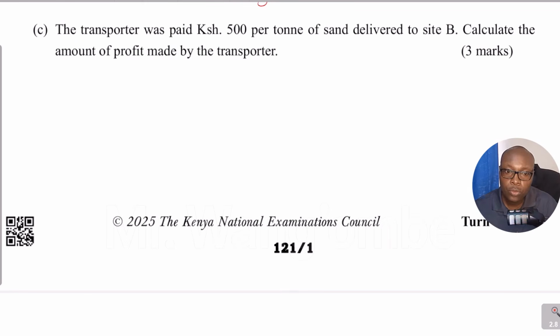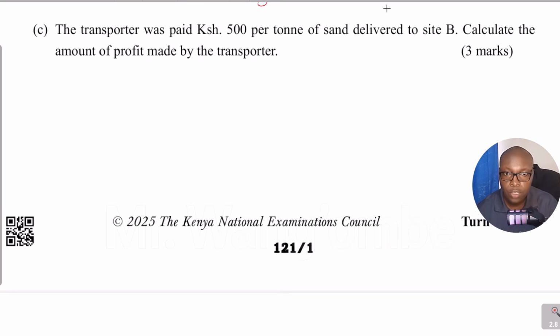Now we go to the next part. Now the next part is supposed to answer this question. The transporter was paid 500 shillings per ton of sand delivered to site B. Calculate the amount of profit made by the transporter.